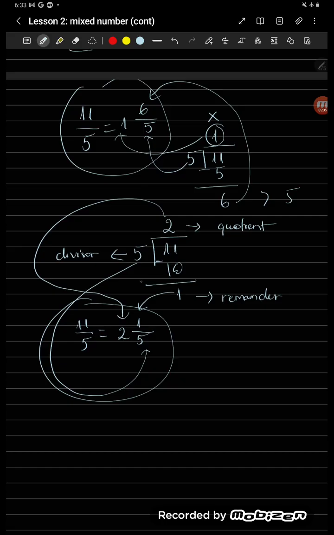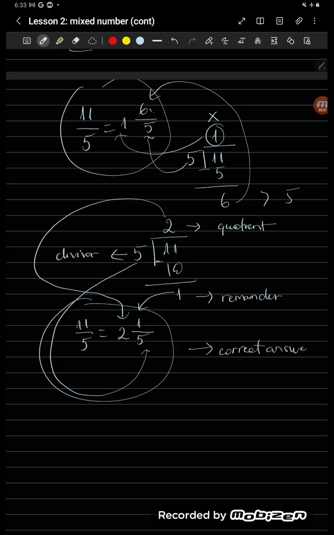Here the numerator is greater than 5, so it's wrong. The correct answer is 2, 1 over 5, where the numerator 1 is smaller than the denominator 5, so this one is the correct answer.